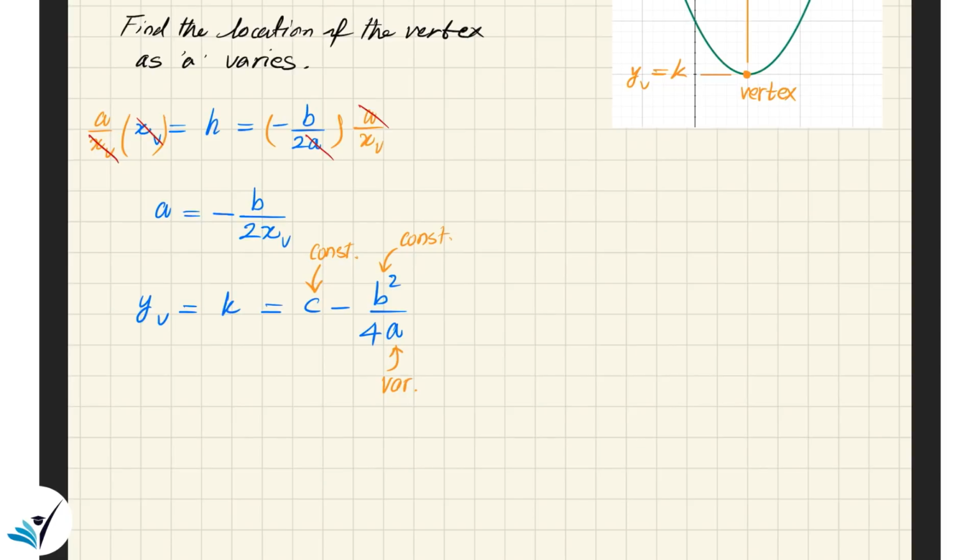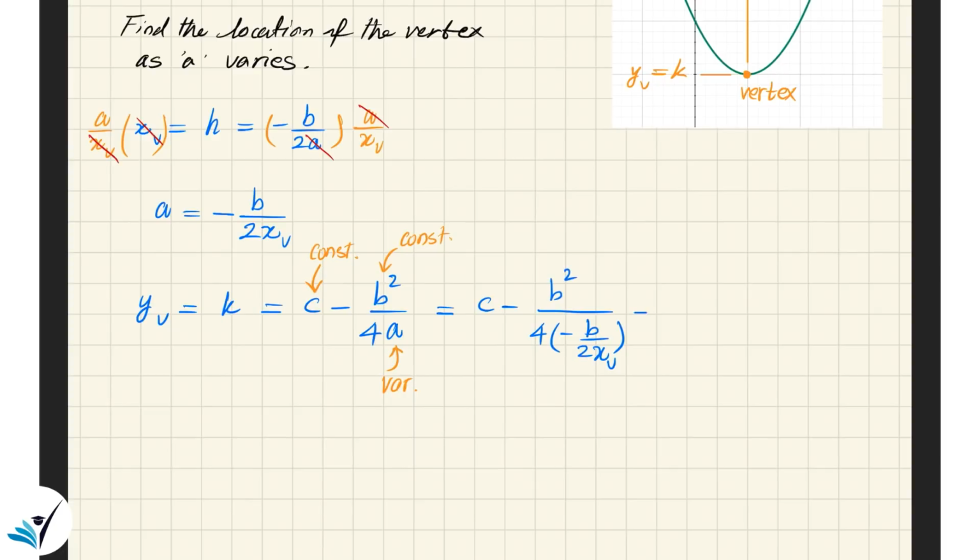We have already obtained a in terms of b and x sub v in the equation above, and we substitute that in this equation. So we get c minus b squared, and in the denominator we have 4 times negative b divided by 2x sub v.